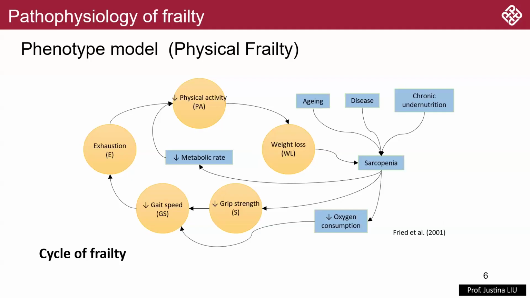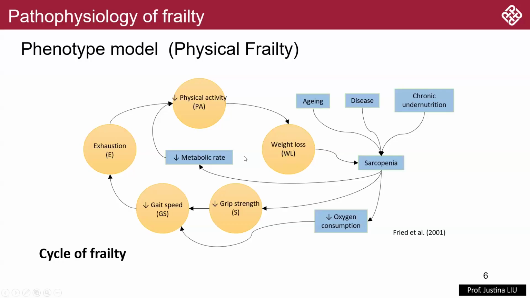For example, falls, reduced mobility, going from independence to dependence and having to be admitted to long-term care facilities, and also hospitalizations or even mortality. And she also proposed a cycle of frailty to explain the associations between these five characteristics and frailty.